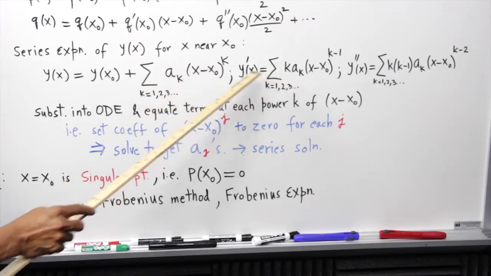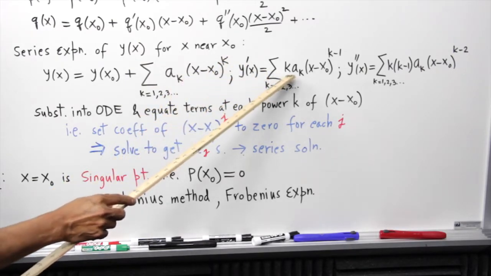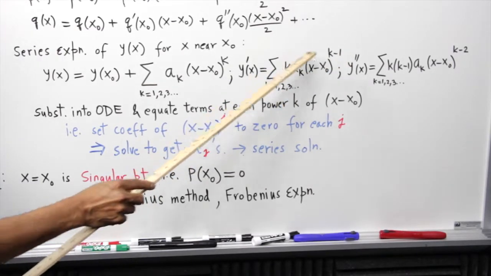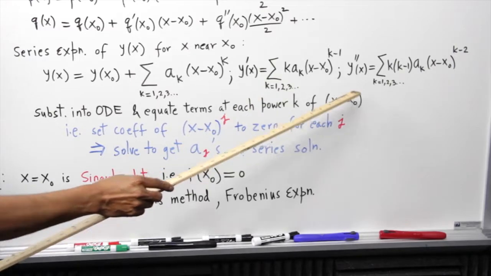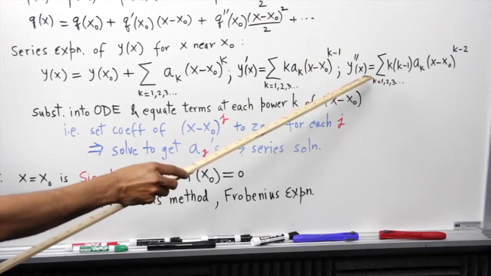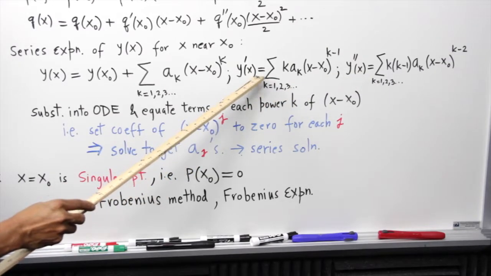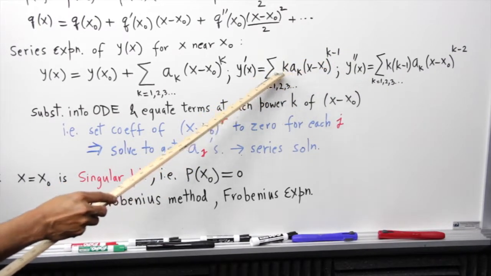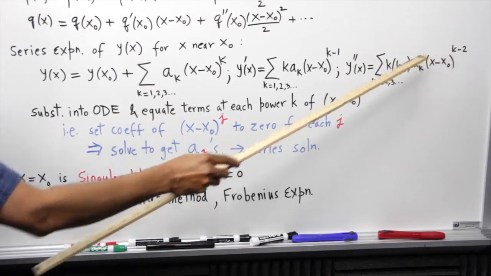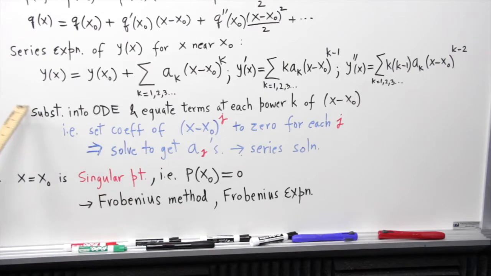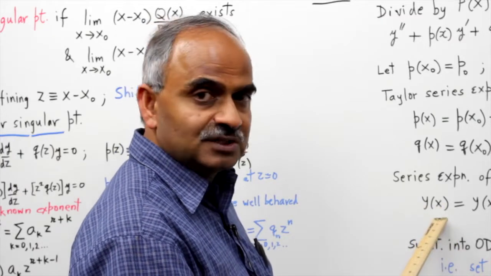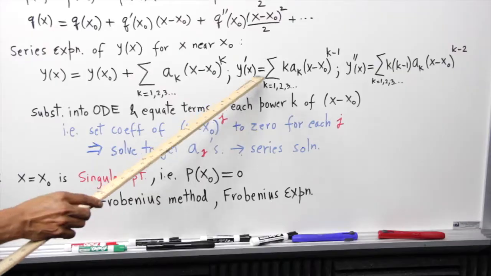Since we have power k here, when we differentiate, we get a lower power for each term, and that's the expansion of the derivative. Going to the second derivative, we differentiate once more, and so k minus 1 comes up in front. We have k times k minus 1, a_k, times x minus x naught to the power k minus 2. That's the series solution representation for the function, first derivative and second derivative.